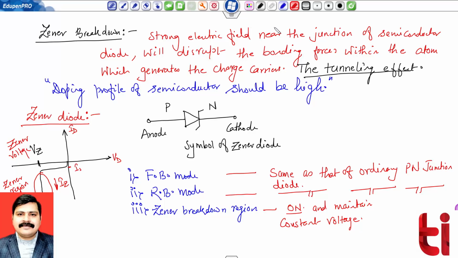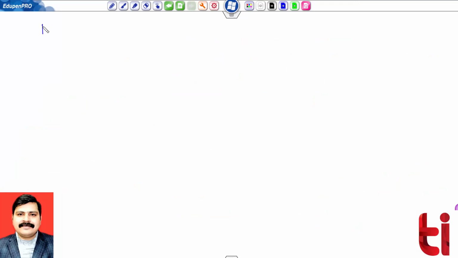So there is an interesting point, and the point is the voltage just before this VZ. This is termed as PIV, and let me discuss this PIV in detail. PIV is also termed as peak inverse voltage.